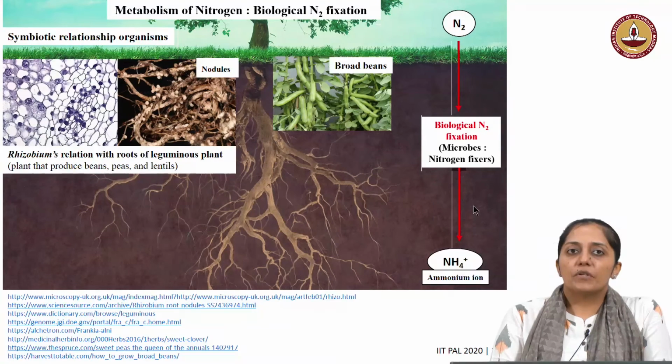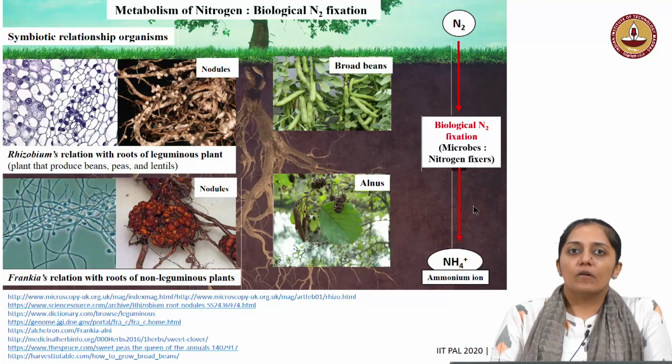As you can see in the picture on the slide of the Rhizobium species, the Rhizobium resides in the roots of the leguminous plants. You can see the microscopic picture of the root section. For example, the plants belonging to broad beans, peas family, lentils. So, there one can observe nodule formation in their root systems.